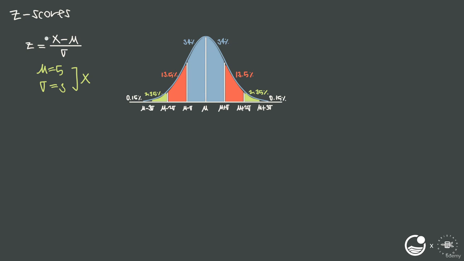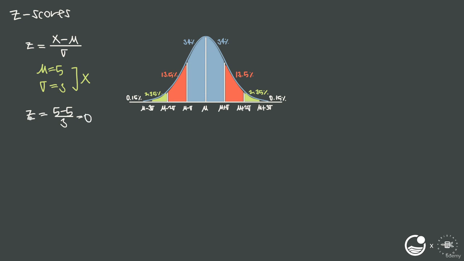And you can see that if we just take a few test values here, let's say that the random variable x takes on a value of 5. Well, if we plug in 5 for x, 5 for mu, and 3 for sigma, what we get is z equal to 5 minus 5 divided by 3, or 0.